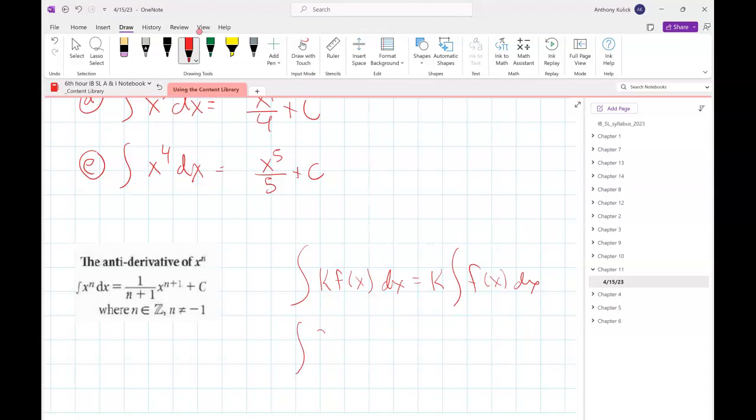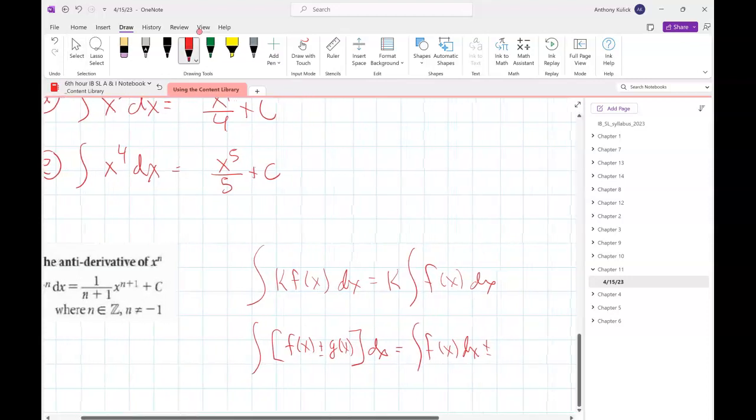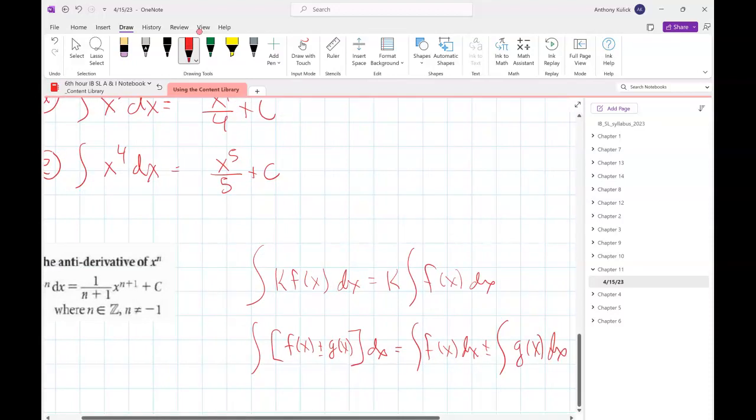And then if I have the sum or difference of two functions inside my integral, my integral distributes to each of them. I can distribute my integral across the addition or subtraction symbols.